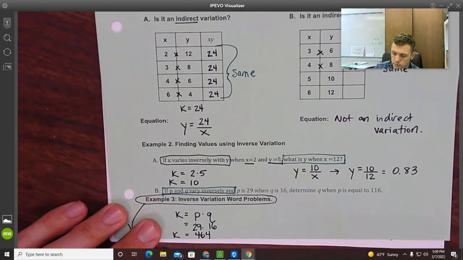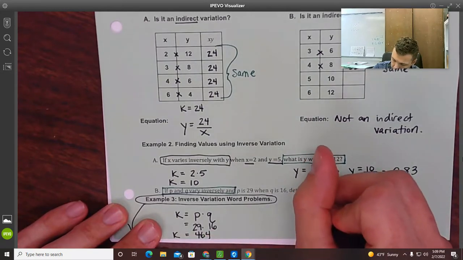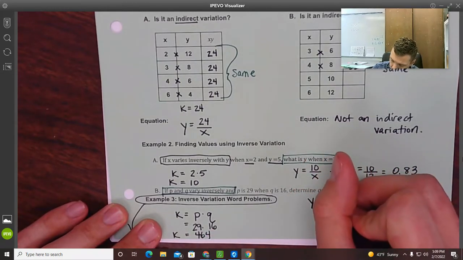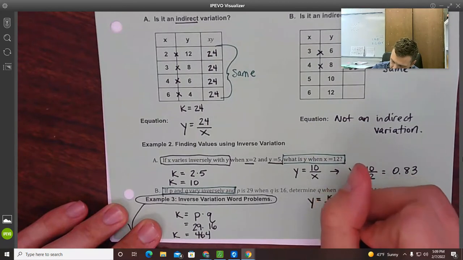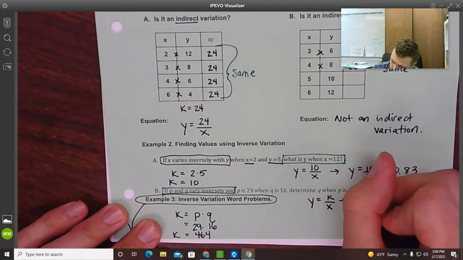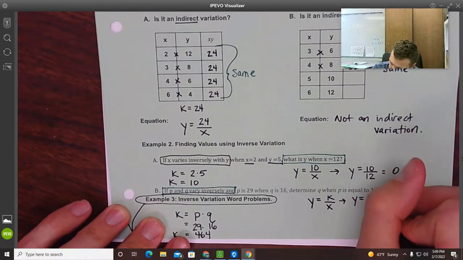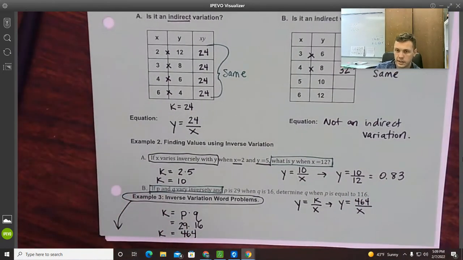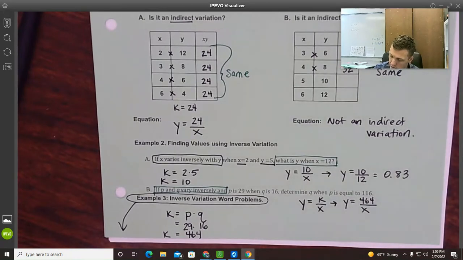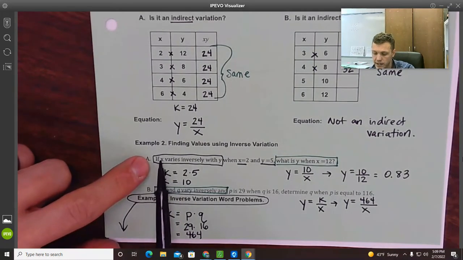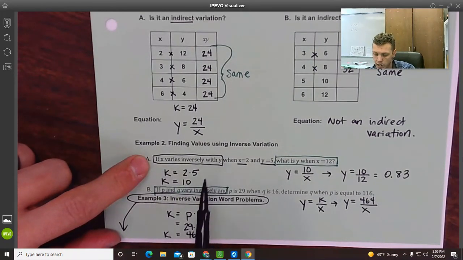Okay. Now my equation, I'm going to say y equals k divided by x. So y equals 464 divided by x. Right? And we're, oh, sorry, not x. Notice how the first one says if x varies inversely with y.